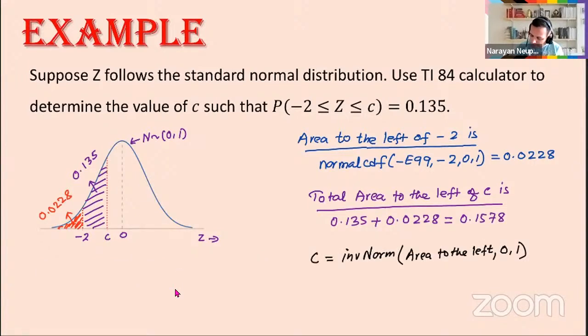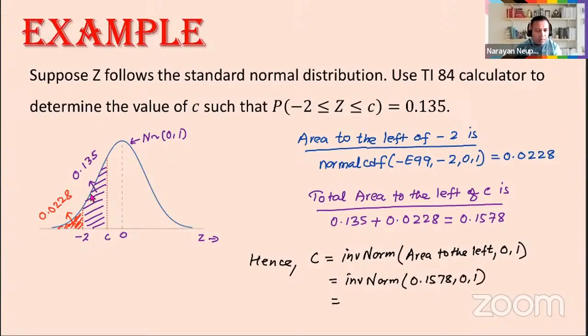So let me write that down. Hence, C is given by this formula, which is equal to inverse normal. Now we know that the area to the left is 0.1578, mean is 0, standard deviation is 1.